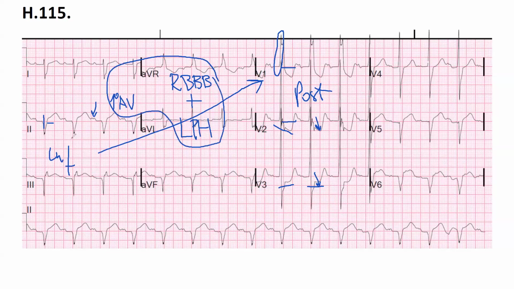We do see an inferior and posterior MI, but because we see tall R's and deep S on the right side, we can have a right ventricle hypertrophy as well. But of course, you have to use ultrasound to show that the heart of the patient is enlarged on the right side. So that's almost everything on this ECG.